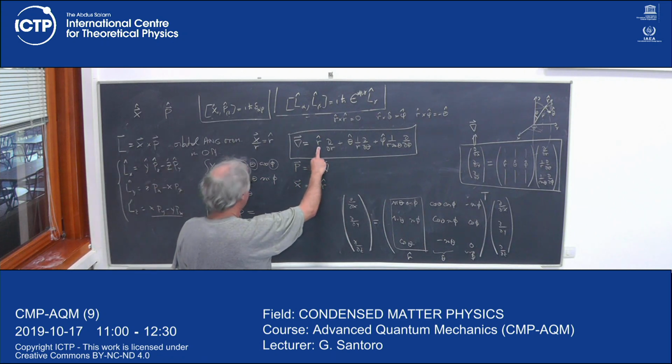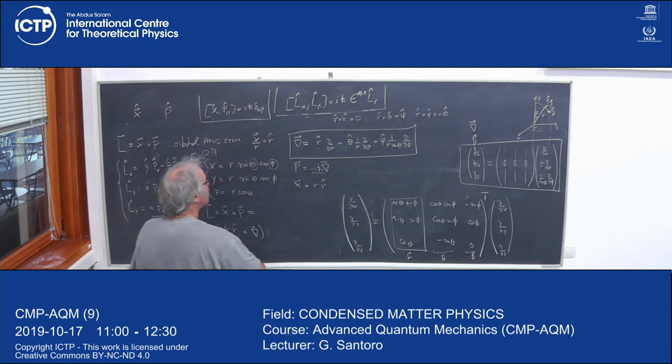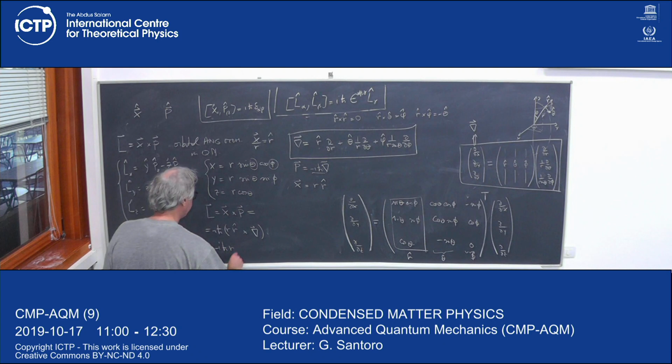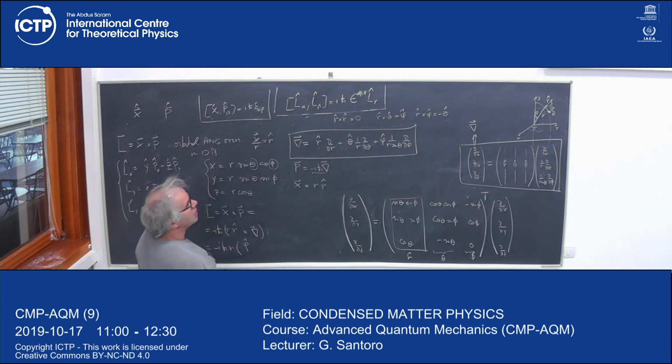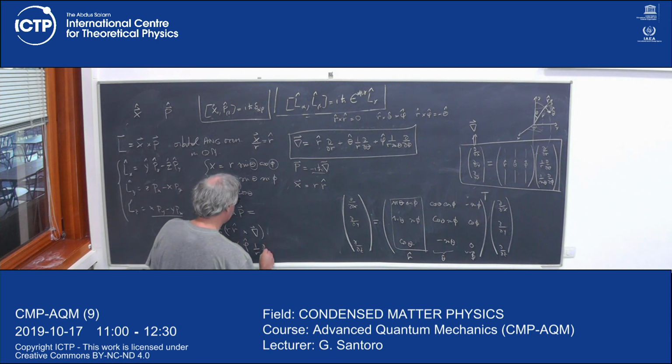So this goes away. And here I have minus h bar R times R versus theta is phi. And then I have 1 over R d in d theta.